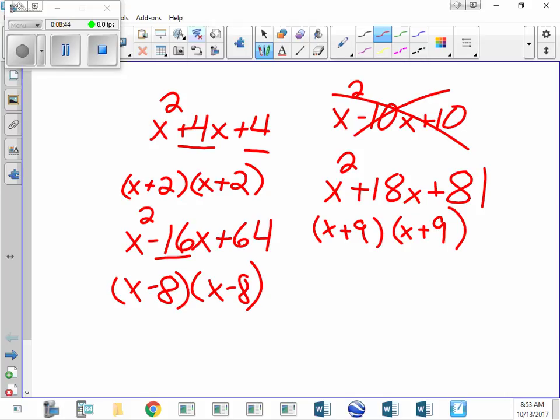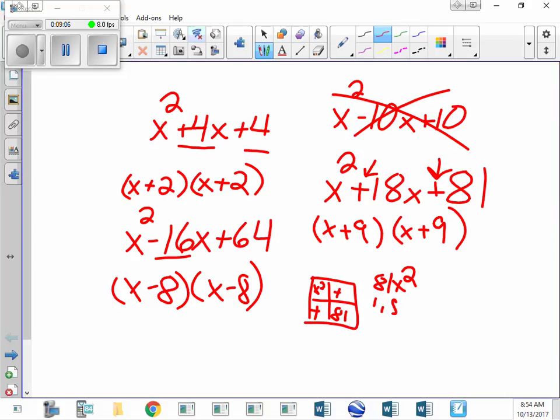Okay? And guess what? If you forget, it doesn't matter. You can just factor it the old way. So I draw the box, I put in x squared, I put in 81. X squared times 81 is 81x squared. And I know that the signs are the same and they're both plus.